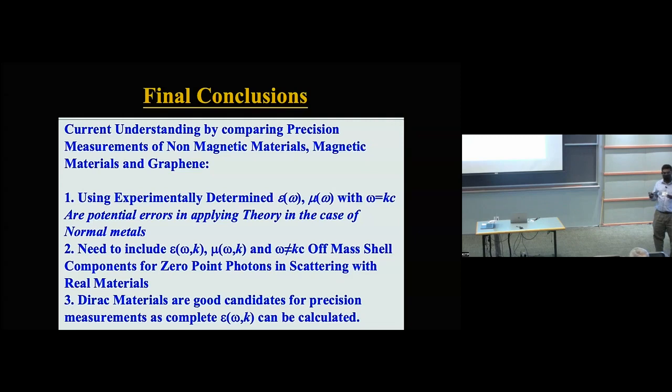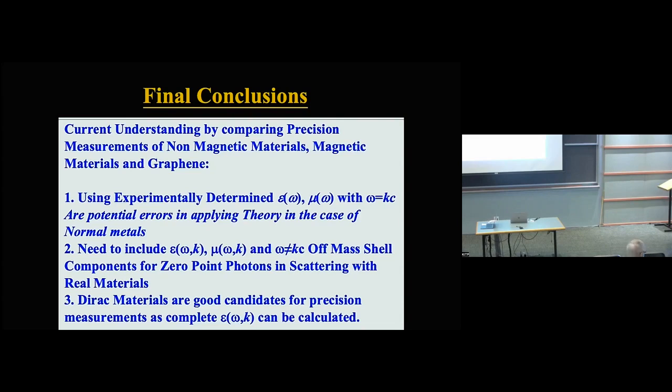But it's all phenomenological. Galina talked about some of this earlier. Experimentally, we haven't come up with a good way of obtaining a non-local permittivity which you can input into the theory to get the right theoretical prediction.